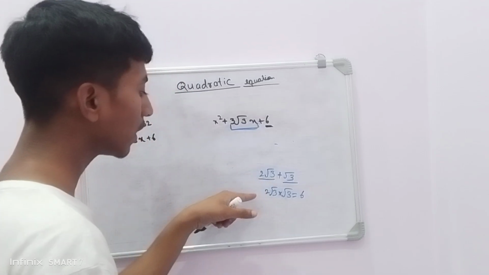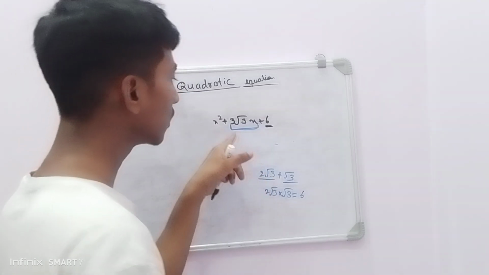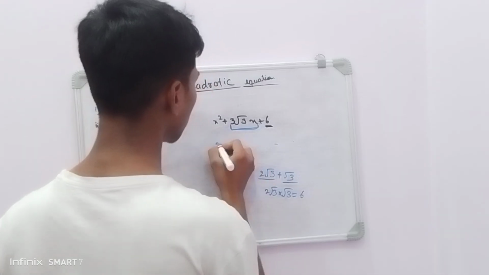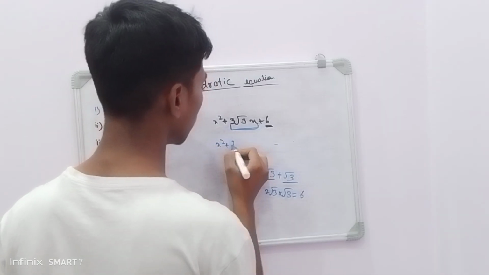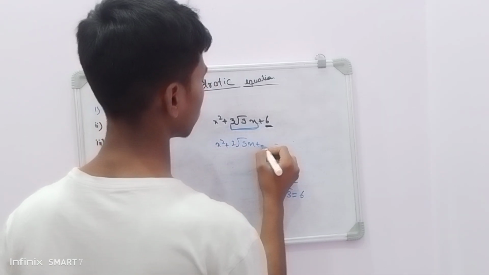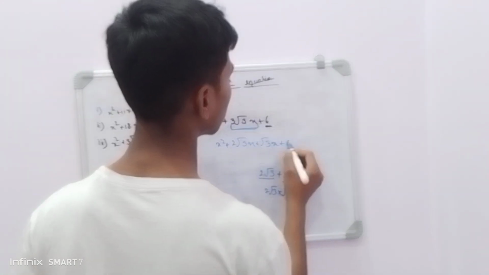So we get the two numbers whose sum is 3 root 3. So x square plus 2 root 3x plus root 3x plus 6.